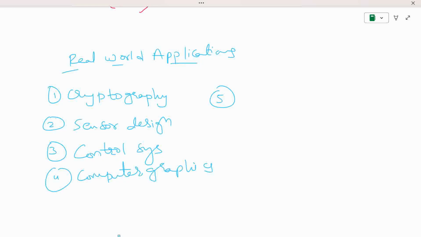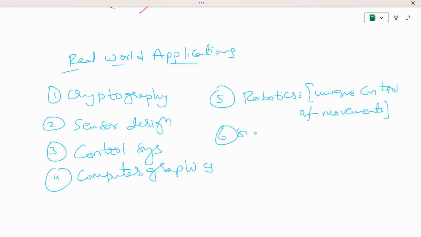Mathematics has a huge implication in robotics, AI, and machine learning. In case of robotics, we need unique movements. So this unique control of movements has implications of these functions. Okay? And also in signal processing and many others.